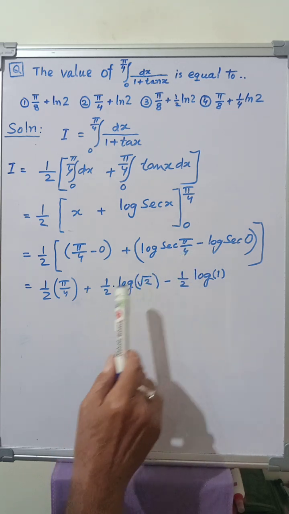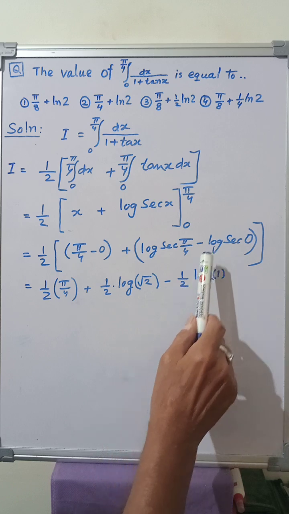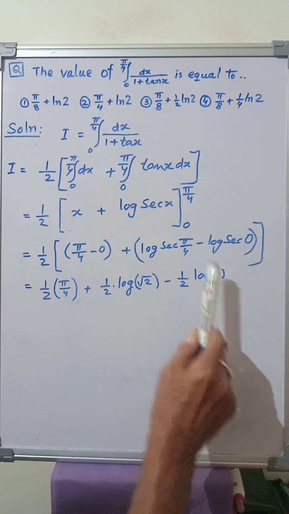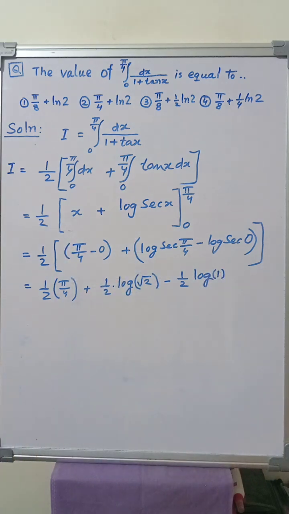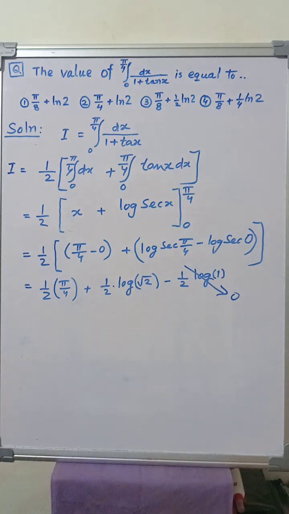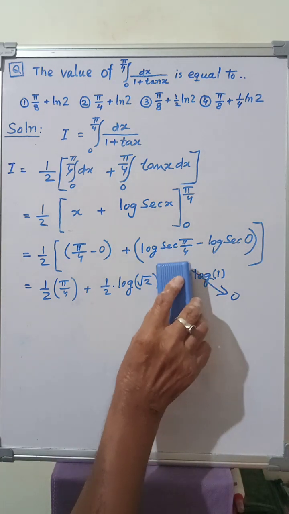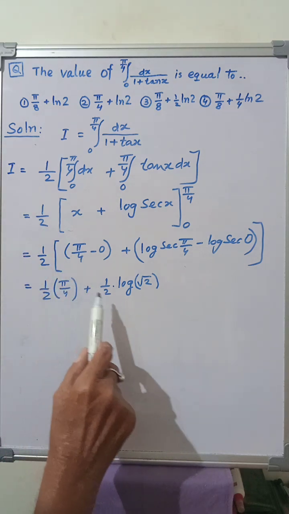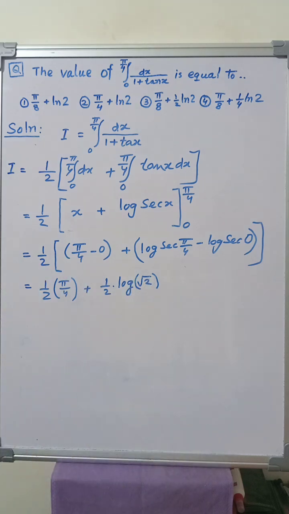Therefore half log root 2 minus half log sec 0 is equal to 1. And log 1 is equal to 0. Let us remove this term totally. So we are left with I is equal to half into pi by 4 plus half log root 2.